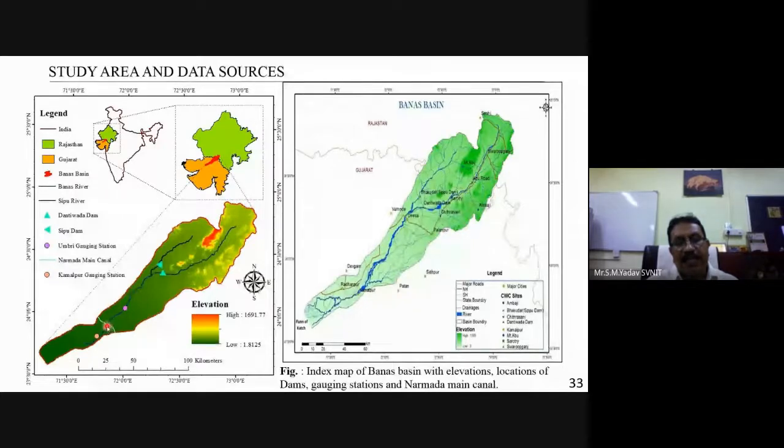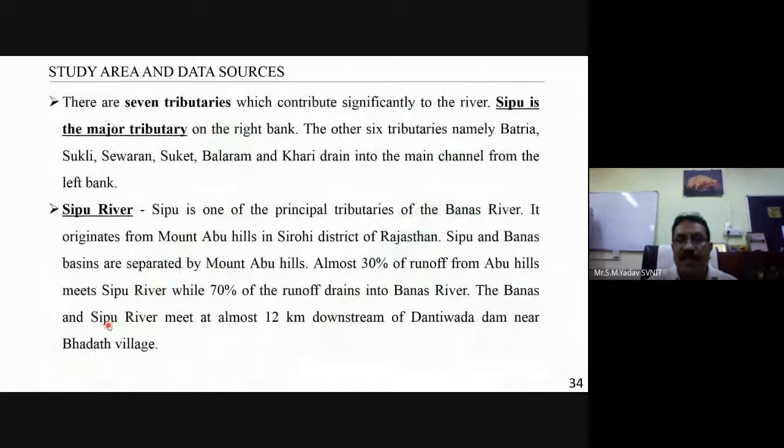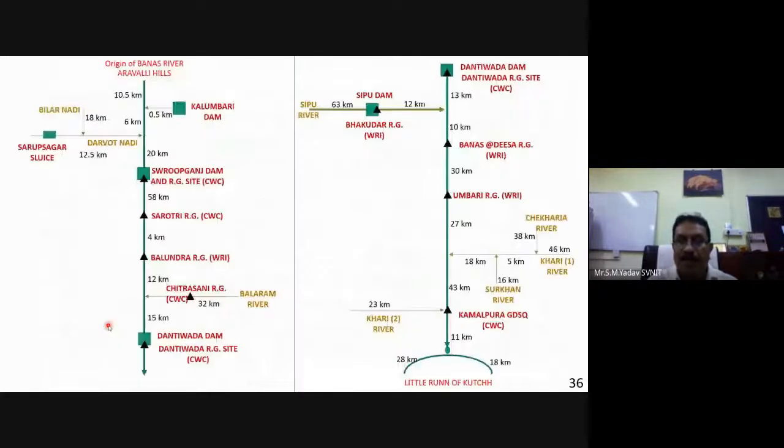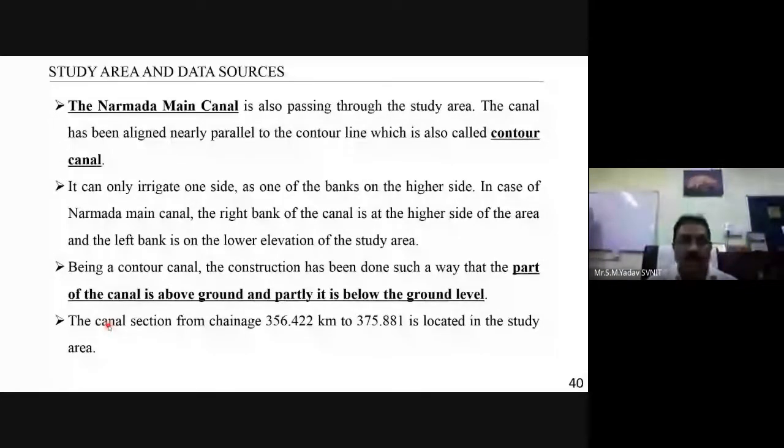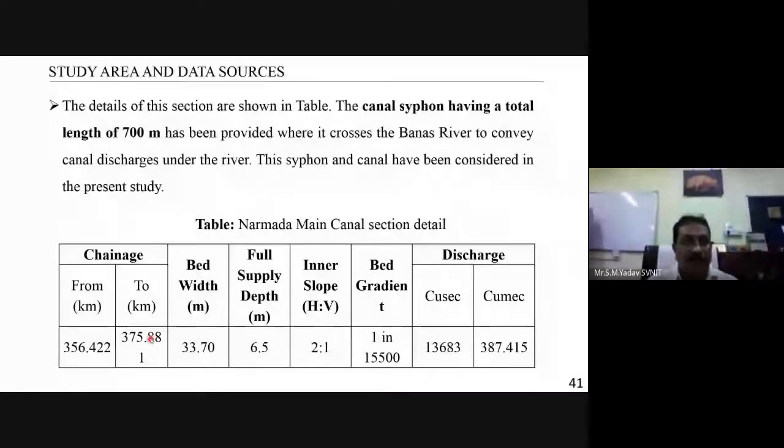This canal siphon was approximately 700 meters to 1 kilometer in length. So it was given over here, from this channel to this channel, and the discharge which can pass through the canal siphon is around 13,683 cusec or 387 cumec only.